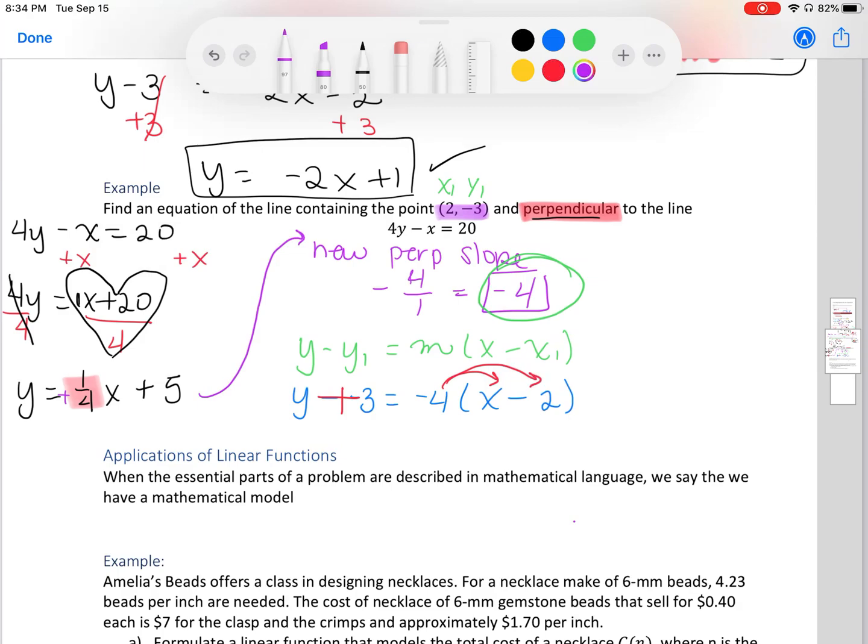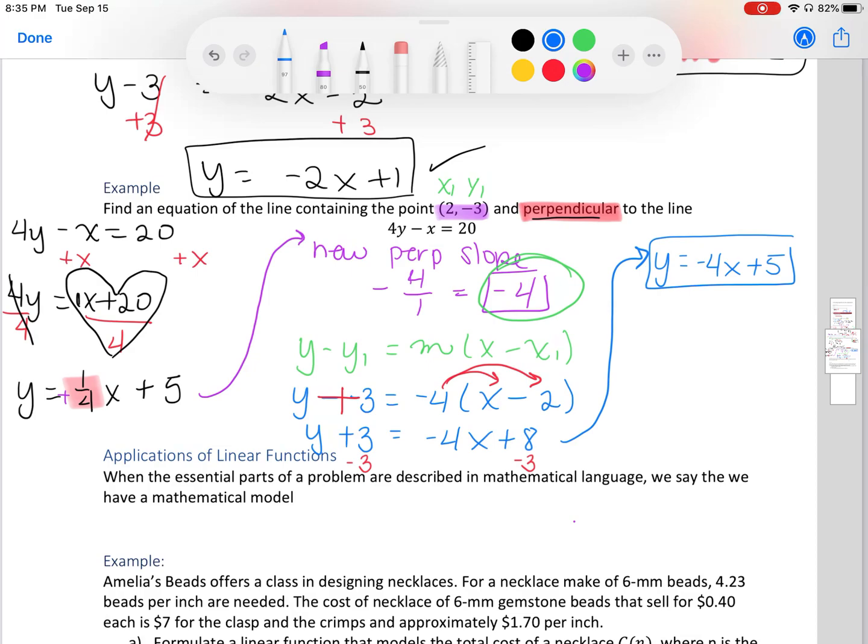So that we have negative 4x, and a negative times a negative is positive, so plus 2 times 4, 8. And we have y plus 3. All right, now we need to get y by itself, so let's move the 3, minus 3, minus 3. We're left with y is equal to negative 4x plus 5.